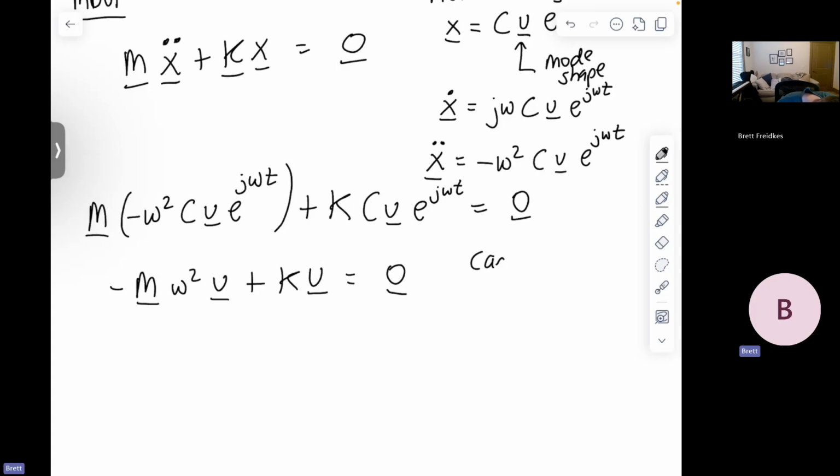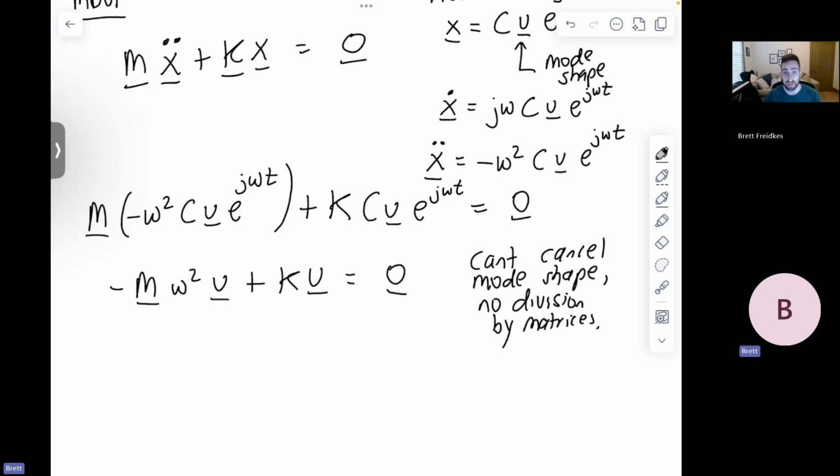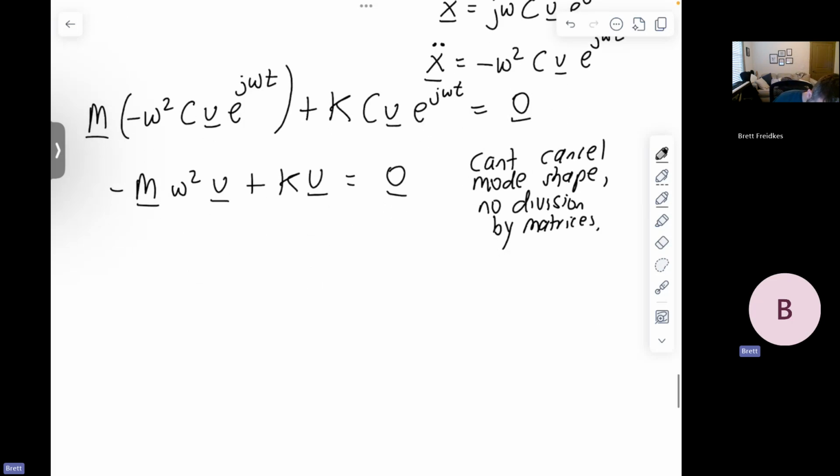We can't cancel the mode shape because we can't divide by matrices. What I can do, though, is factor it out because both terms share a u.